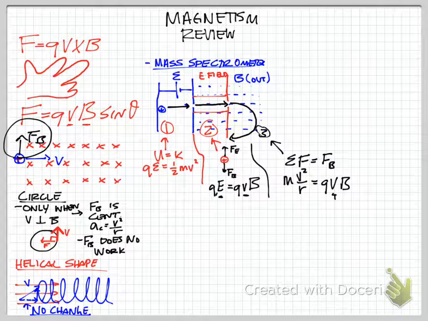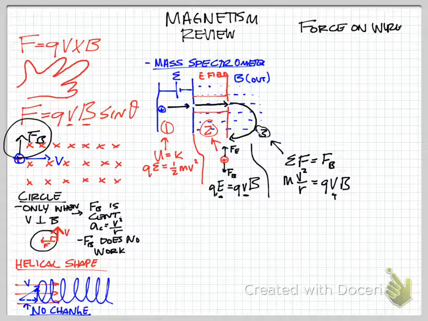While we're talking about forces, although we're not going to spend a lot of time on that yet, we have the force on a wire in a magnetic field. So we have the same idea with our cross product.